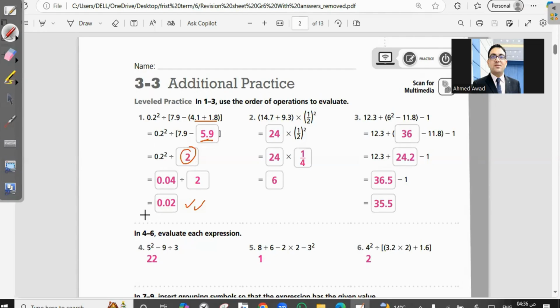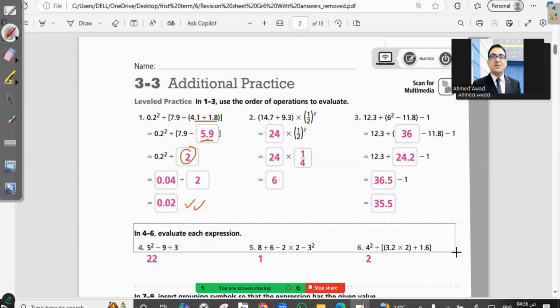Now, in 4 till 6, evaluate each expression. Let's solve this on our screen and our board.